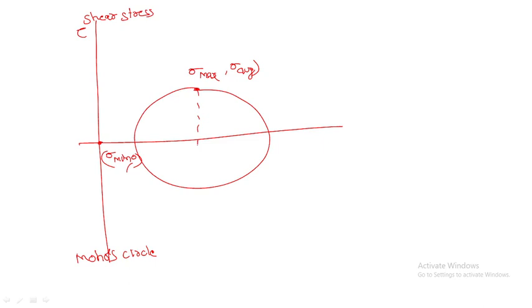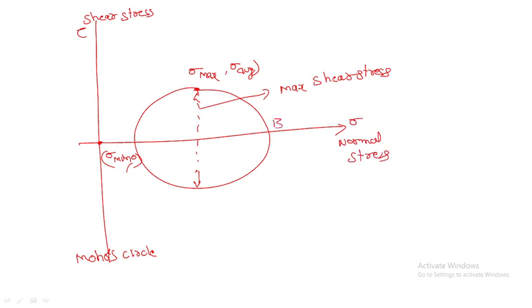This dotted line represents the maximum shear stress. And here this one we call normal stress.